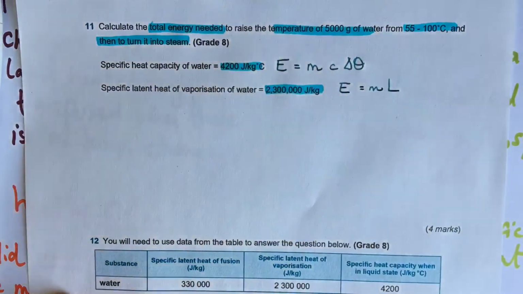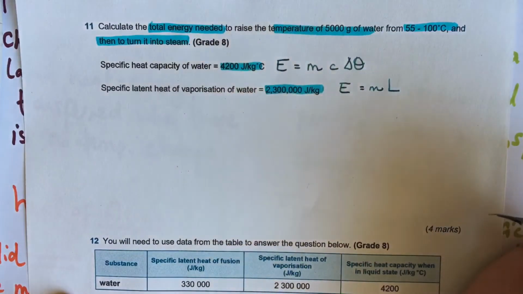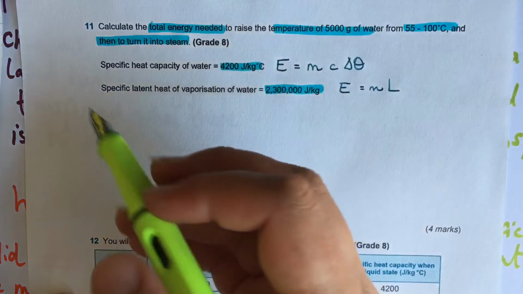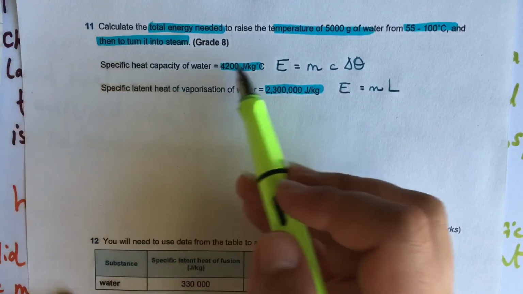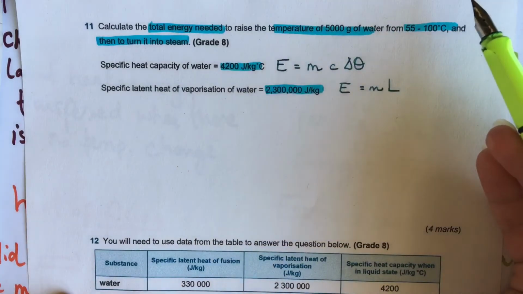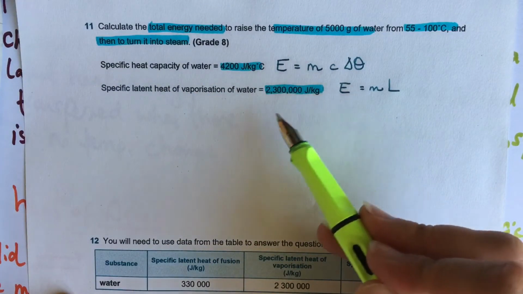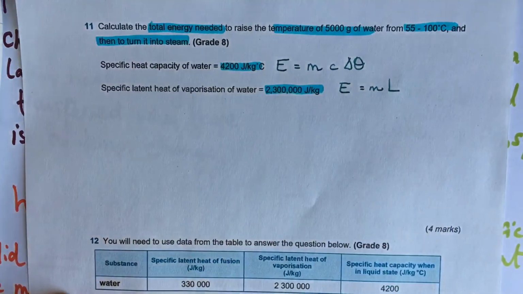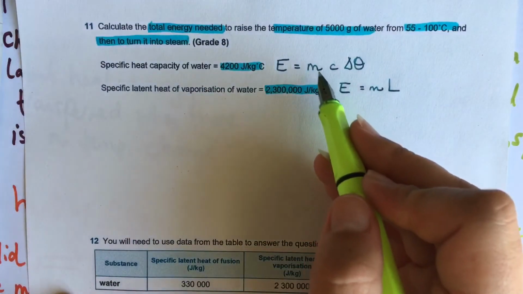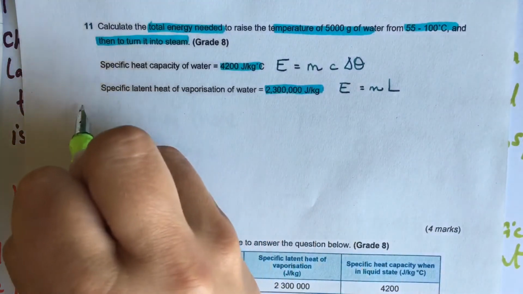These two equations, the ones you get given, I've written them here so that you can recap them. So what we're going to want to do is to know how much energy is required to heat the water up, and then how much energy is going to be required to turn it into steam. So we're going to need to find the sum of these two. We can do it in 2 steps.